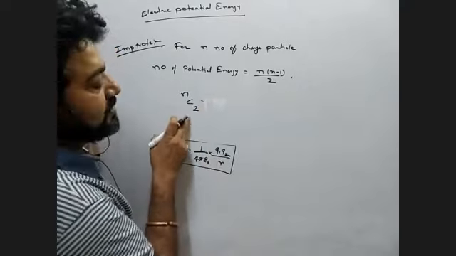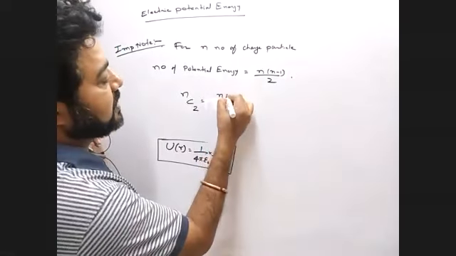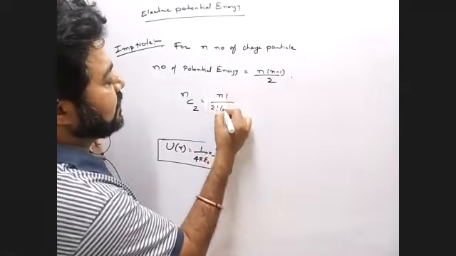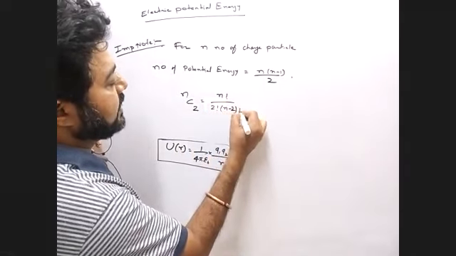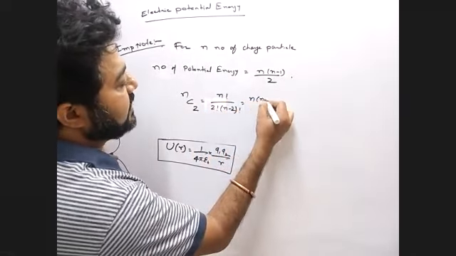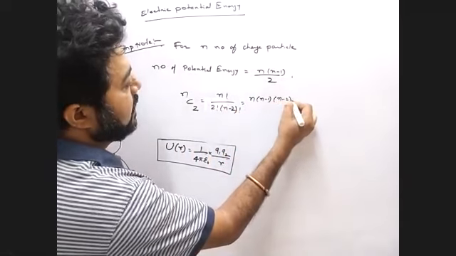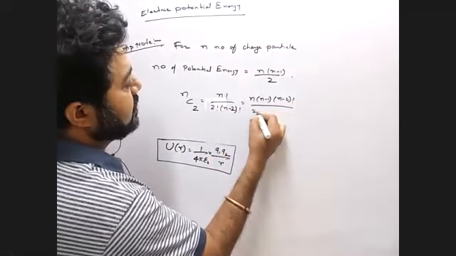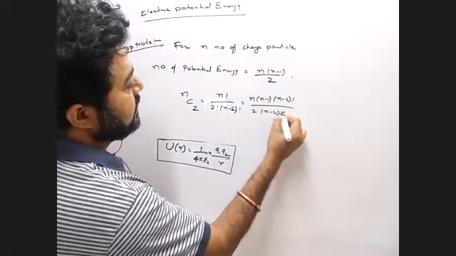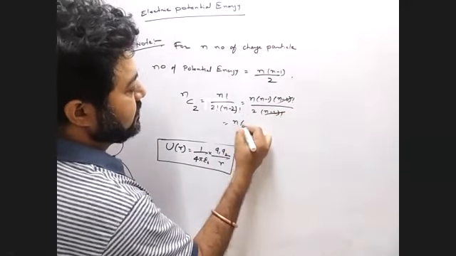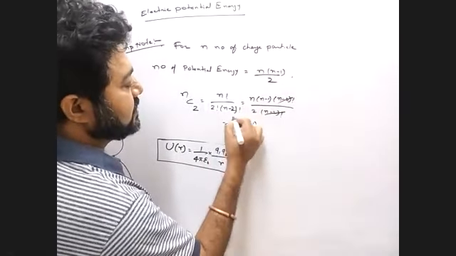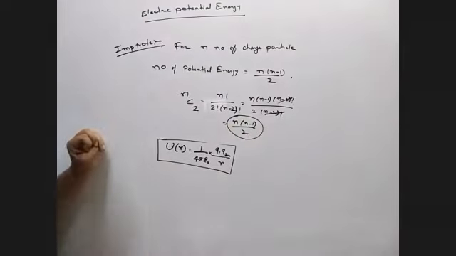So from this combination, n factorial by 2 factorial into n minus 2 factorial, you get n into n minus 1 by 2. So this is the formula, very, very important.